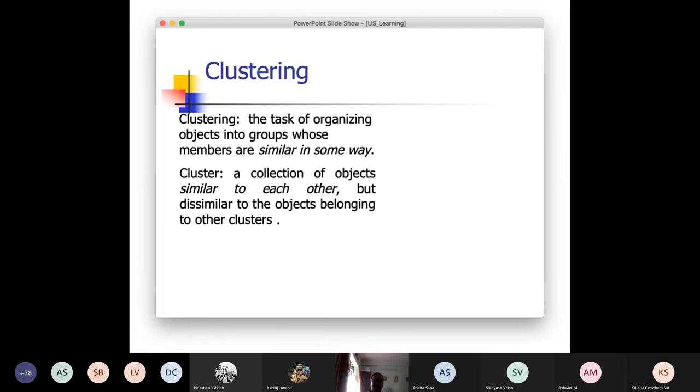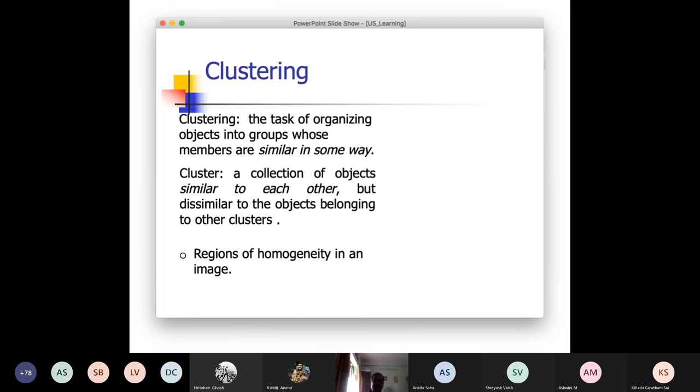So it's a collection of objects similar to each other, but dissimilar to the objects belonging to other clusters. That is another point you should remember. The groups should also be distinct, which means among the set of groups, there should be some distinct characteristics to attribute each as a separate group.